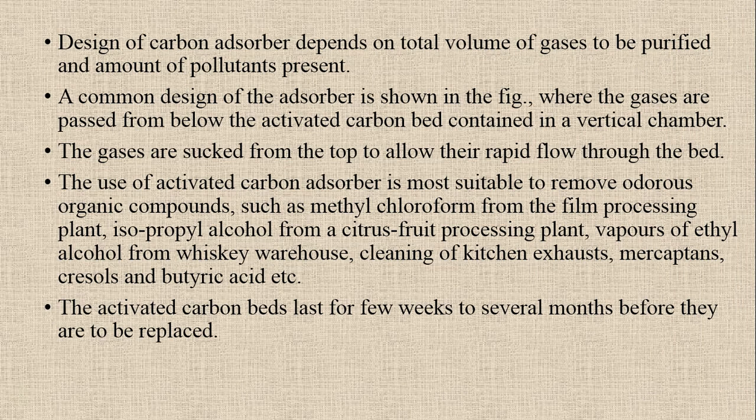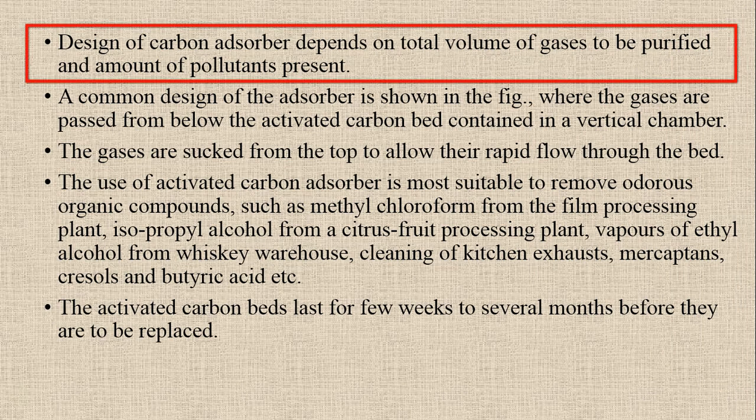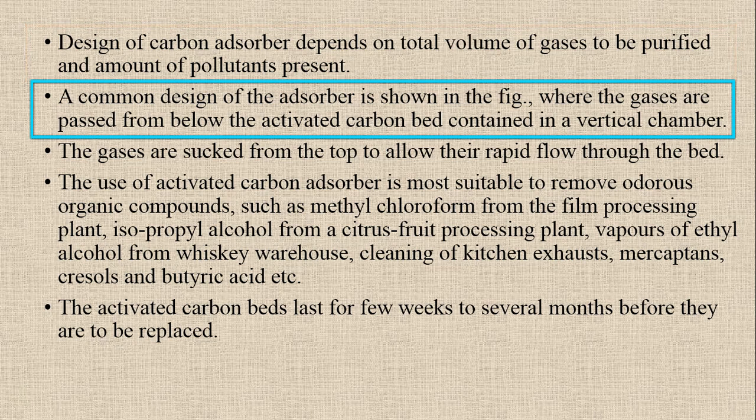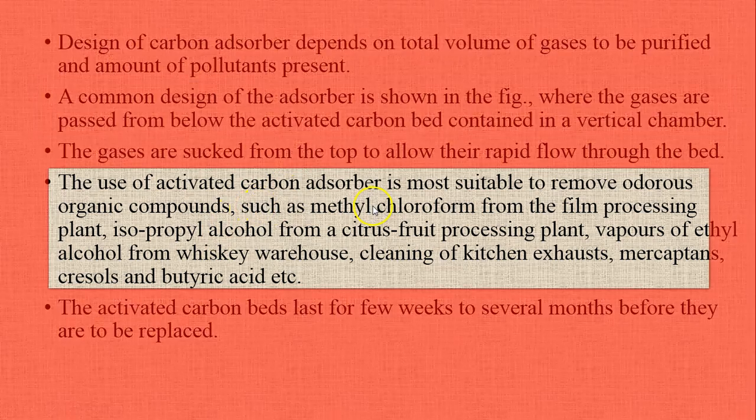Design of a carbon adsorber depends on the total volume of gases to be purified and the amount of pollutants present. A common design of the adsorber is shown, where the gases are passed from below through the activated carbon bed contained in a vertical chamber. Here we can see where activated carbon adsorbers can be used.